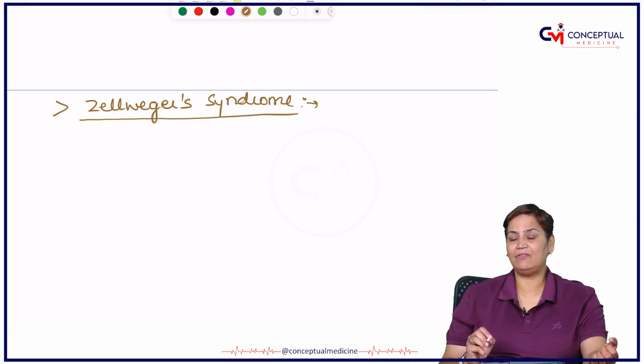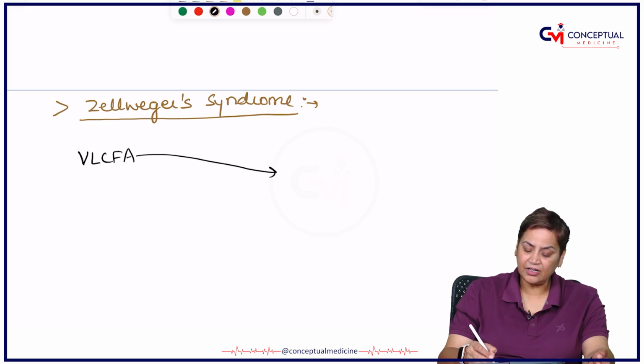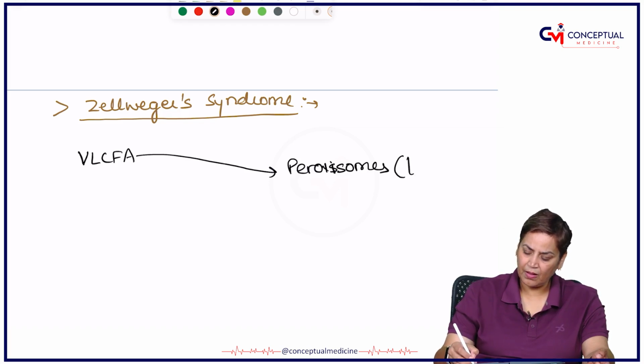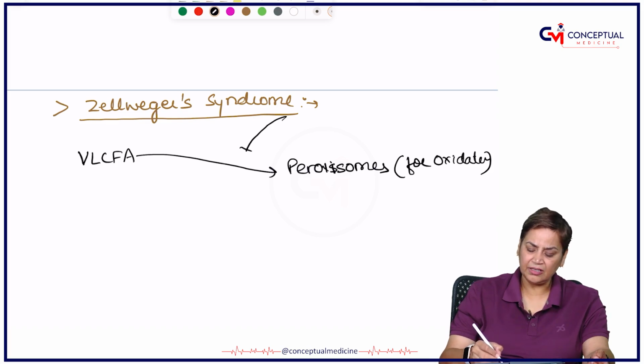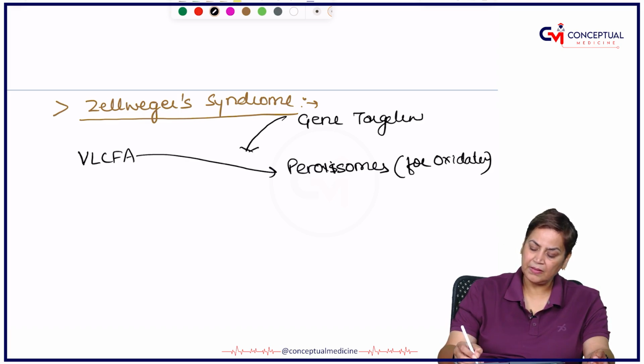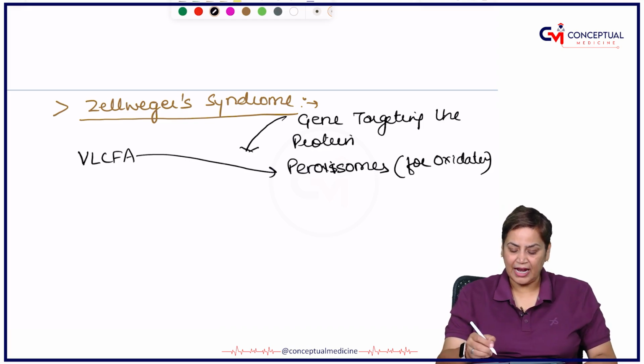So what happens in Zellweger syndrome? The VLCADs are being targeted to the peroxisomes for oxidation. And what happens here is that the gene targeting the protein, which leads to its transport, is absent.